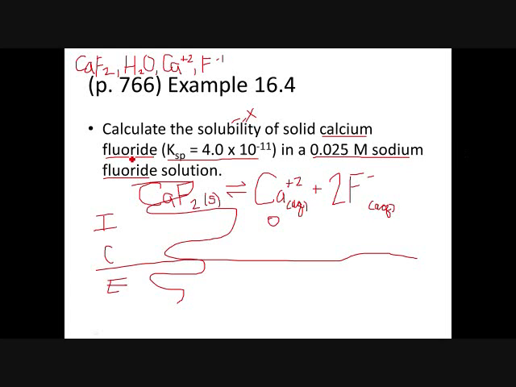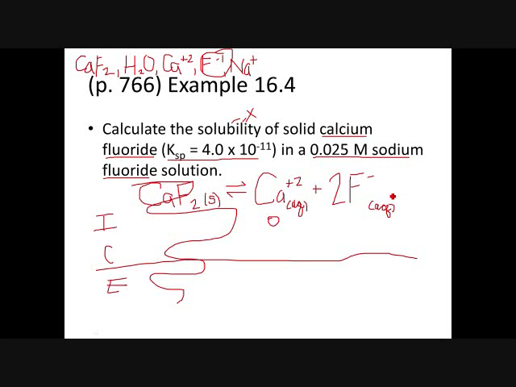And then this sodium fluoride solution means that it's not just plain old water that we're dissolving the calcium fluoride in, we're dissolving it in the sodium fluoride solution. So in addition to the water, we have sodium ions and fluoride ions floating around. Well, the sodium ion is new, but the fluoride ion is the common ion, right?